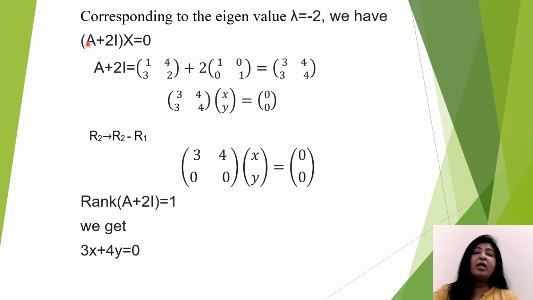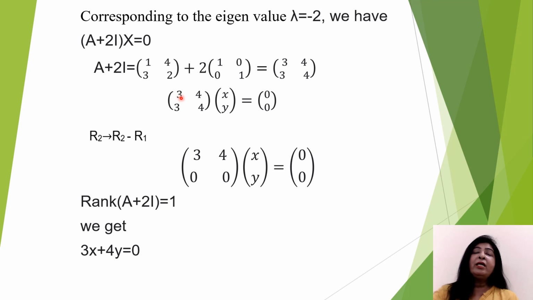The equation was (A − λI)x = 0. Here lambda is −2, so the equation becomes (A + 2I)x = 0. Now A + 2I is the matrix A plus 2 times the identity matrix. When you solve it out, you will get the matrix with rows 3 4 and 3 4.